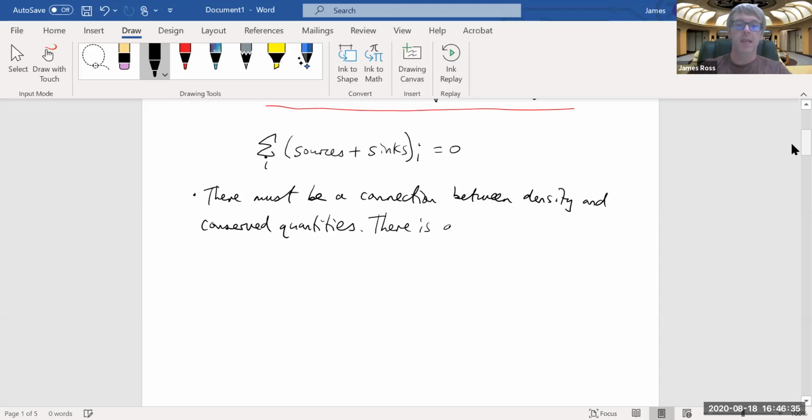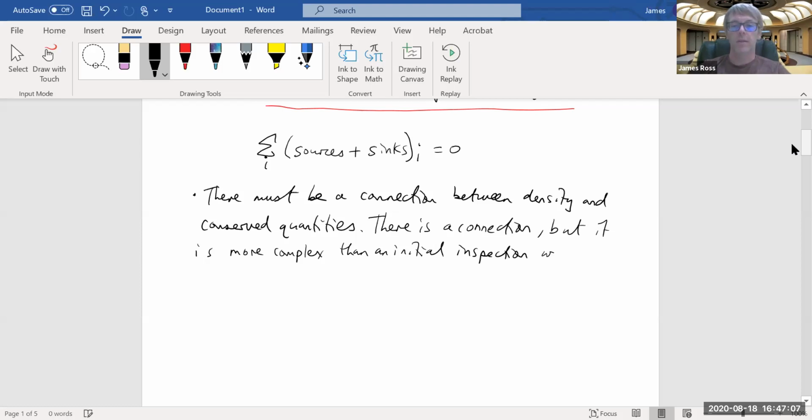There is a connection. So we said there must be. We look and we see that there actually is. There is a connection, but it is more complex, not too much more, than an initial inspection would indicate.